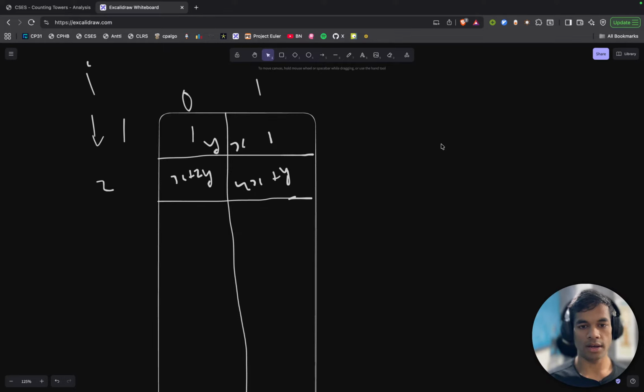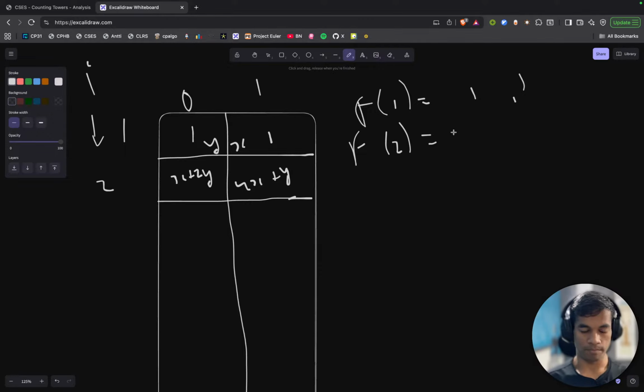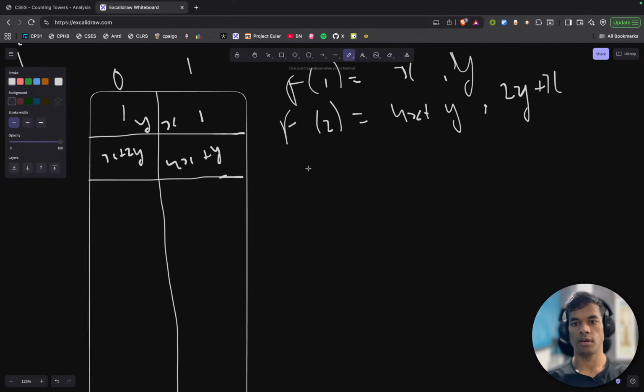X and Y. For F1, we have 1 and 1. For F2, we have, let's say, X and Y. For the next X, it is equal to 4x plus y, comma, 2y plus x.